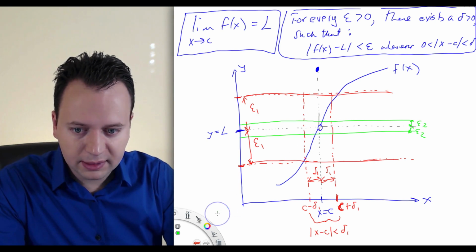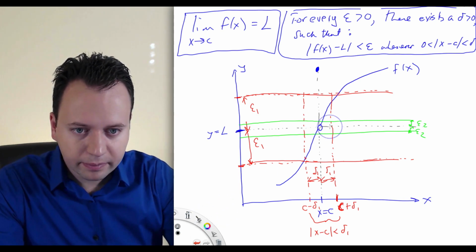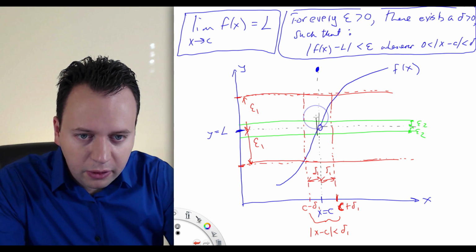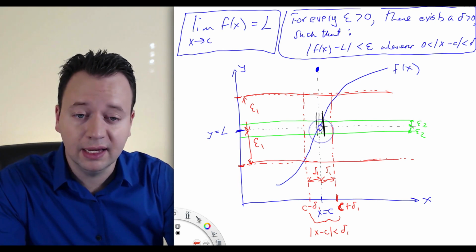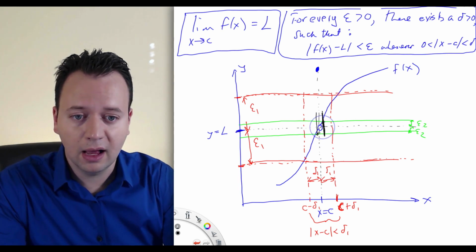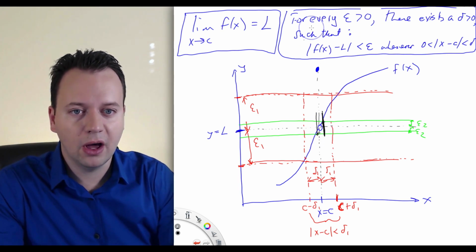Again, if you get close enough here, so if the x values are close enough, maybe a little bit closer there, if the x values are close enough to c, the y values are guaranteed to be within that distance to L. So that's really what's going on in this definition.